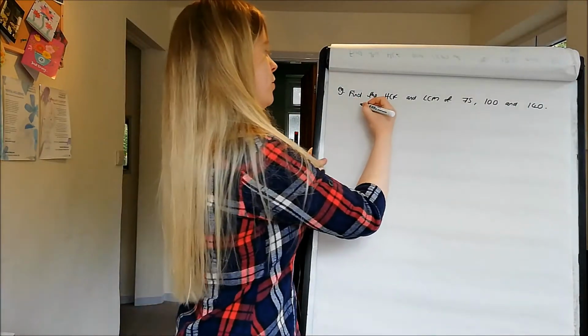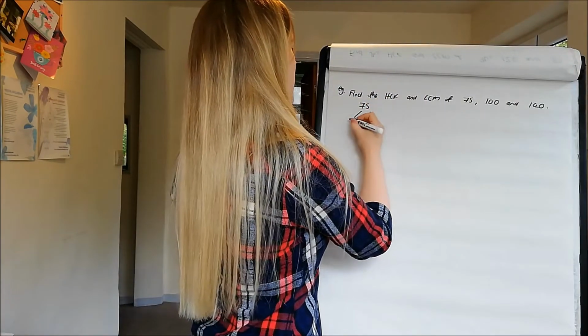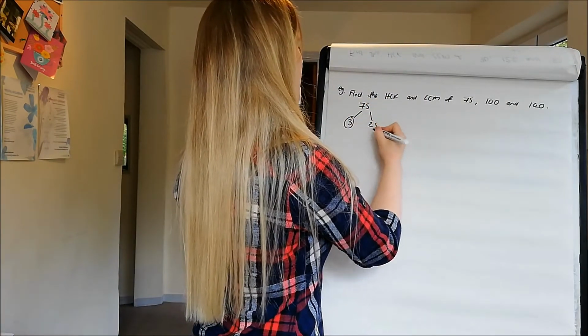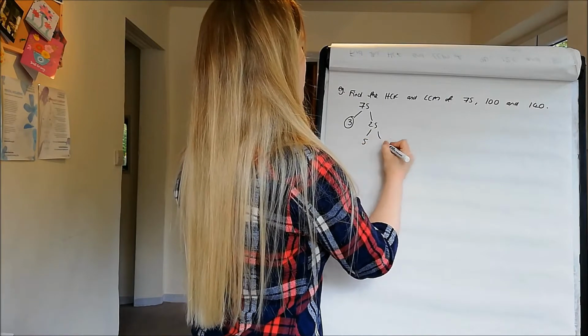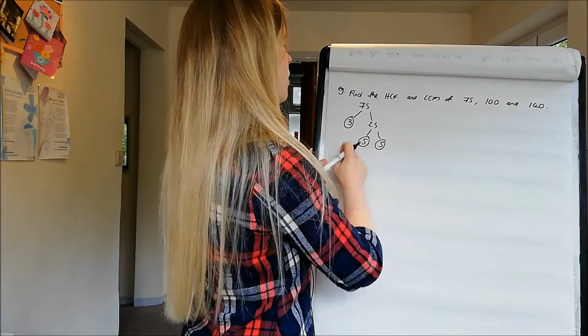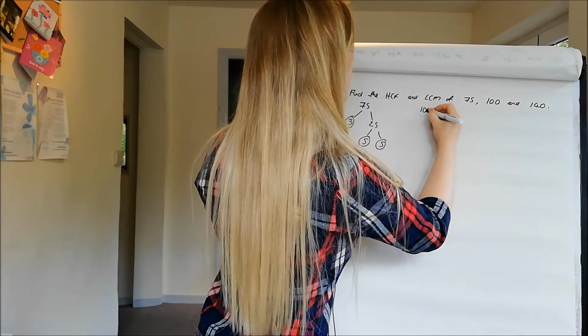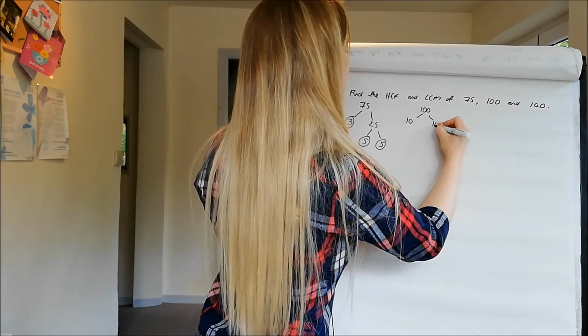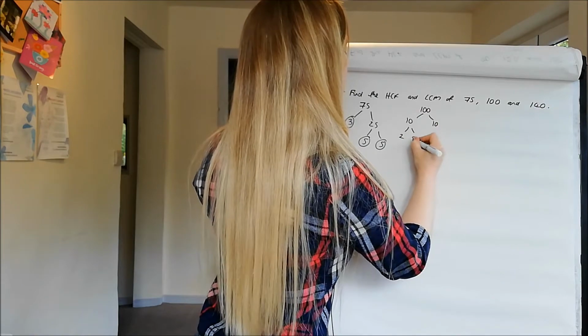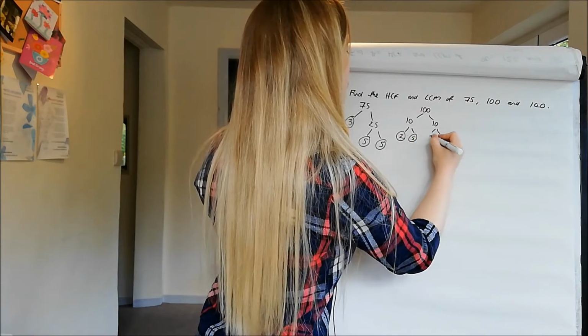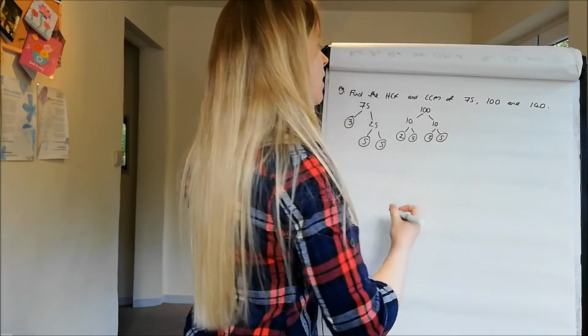All right, so 75 breaks down into 3 times 25 and the 25 breaks down into 5 5s. So 3, 5, 5 is what you should have in that tree. 100 breaks down into 10 tens, which breaks down into a 2 and a 5 and a 2 and a 5.